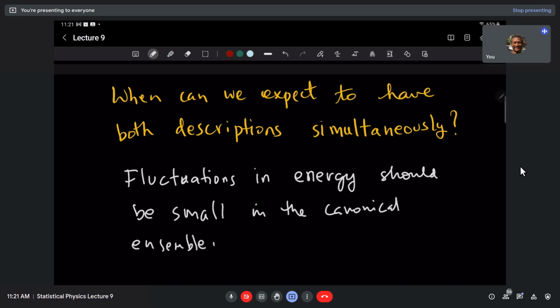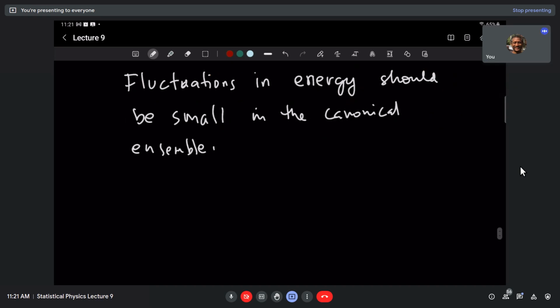So what does that mean? In the last problem set, we saw that relative fluctuations, which is what we need, which is dimensionless, goes like 1 by root of the degrees of freedom, roughly. Correct? So what do we need for this number to be small?